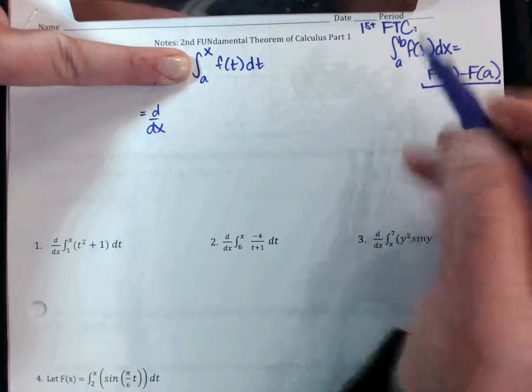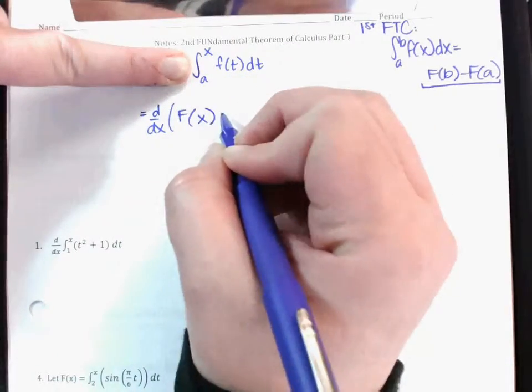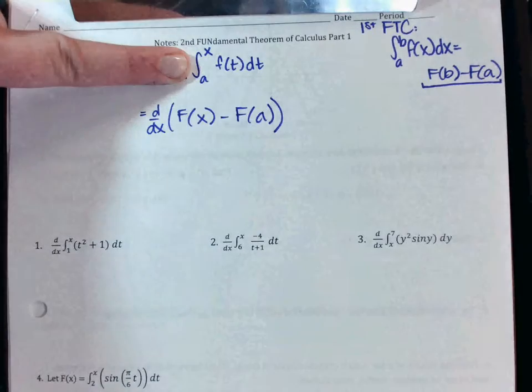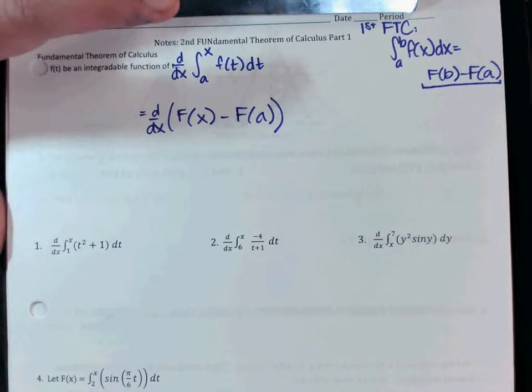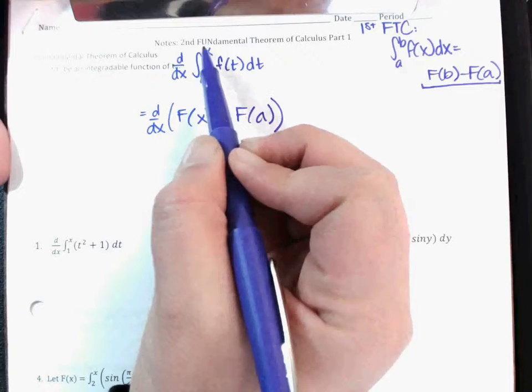Given this rule right here. So capital F of x minus capital F of a. Okay, so notice the reason that the upper bound is an x is because that's what we had up here.